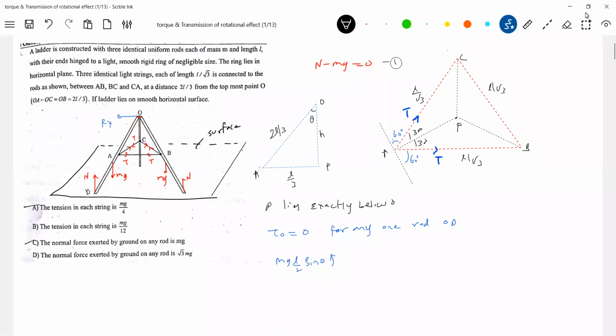Then torque due to tension. Look at this diagram, the triangle here. 2T cos 30 will act here along AP and will pass through point P. So this will be 2T cos 30 into h, the perpendicular distance. Now what should be the sense of this?